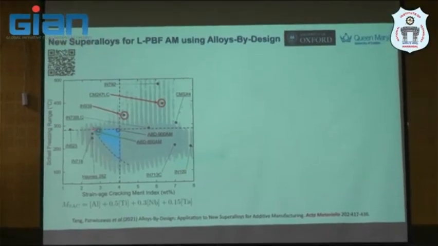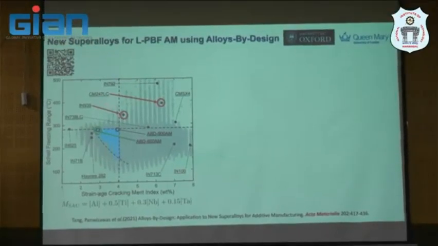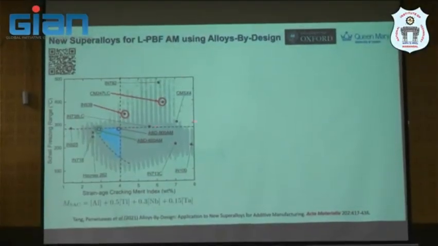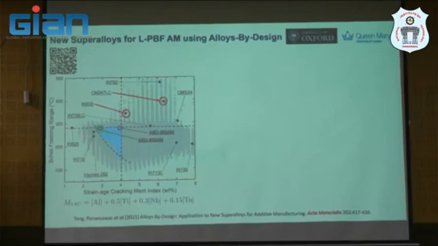As I said before, freezing range should not be 400 like CM247. I mean, this is also 350 as well. We set it below about 300 or 280 something for both compositions, and then we select these two as a function of freezing range, and it's actually not too high in the cracking index.